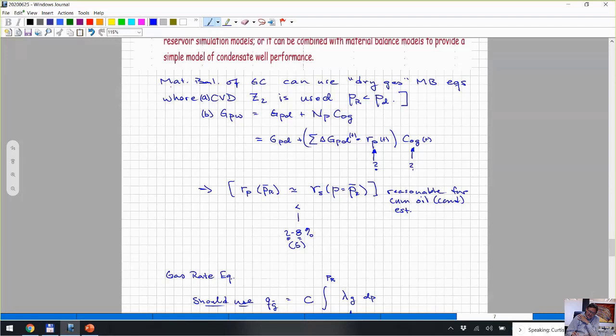It's that simple. Instead of the physical gas Z factor. So you need the two-phase Z factor, and you need the wet gas concept to use it to do the material balance correctly.